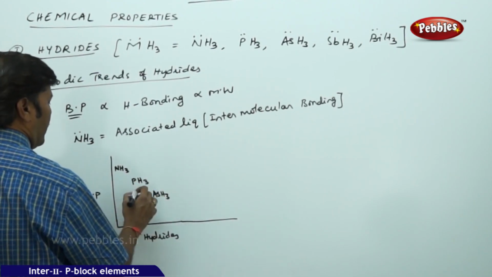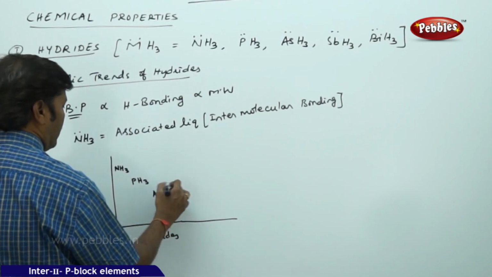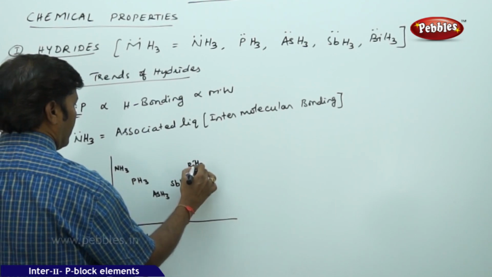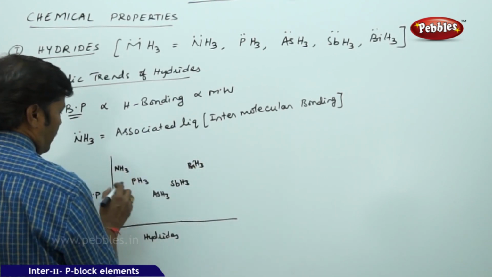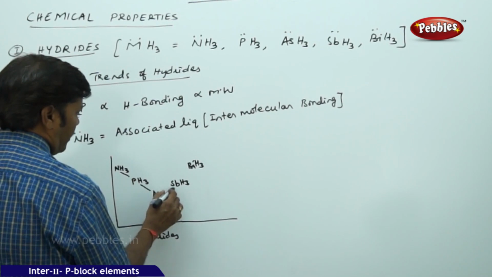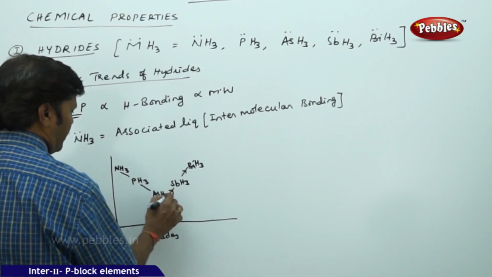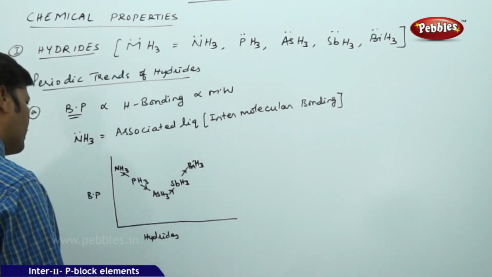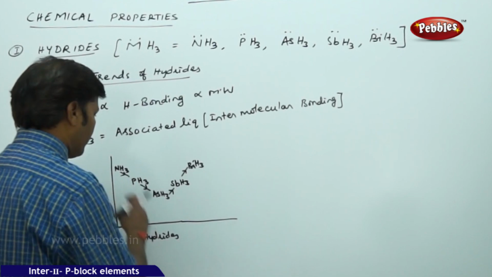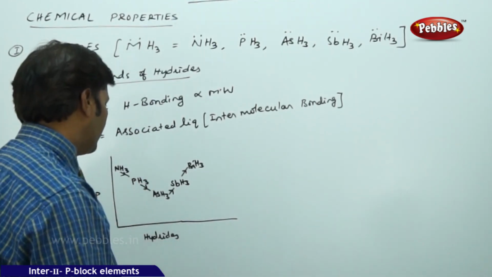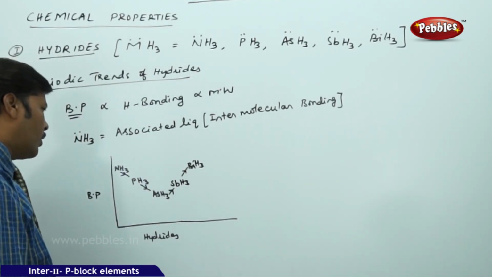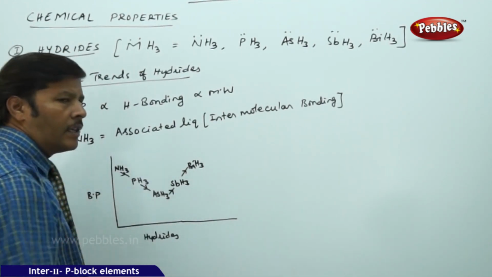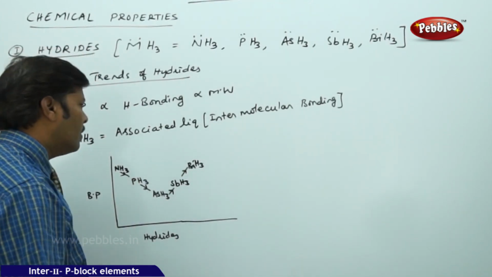But from arsine, suddenly you find that antimony and bismuth show a sudden rise in boiling point. So the graph goes in this pattern. Based on this, for the first three hydrides there is a decrease in the melting point and boiling point, and for the next three hydrides there is an increase. Therefore an irregular trend is observed in the case of the boiling point.